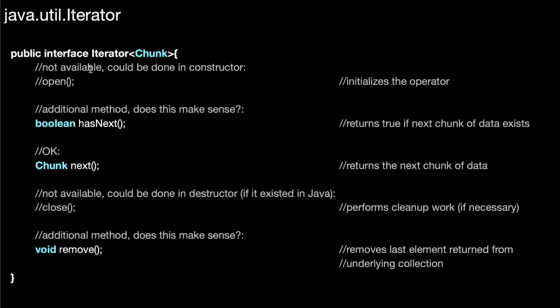In an object-oriented programming language, that's the job of the constructor. You initialize that instance, and that's what the constructor is all about. So maybe you can leave away the open method. And so here you see in the iterator interface, there is no open. Then in Java, you have something like hasNext and next.